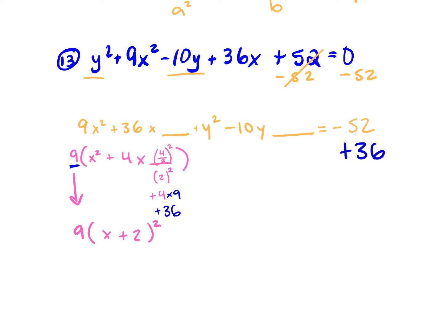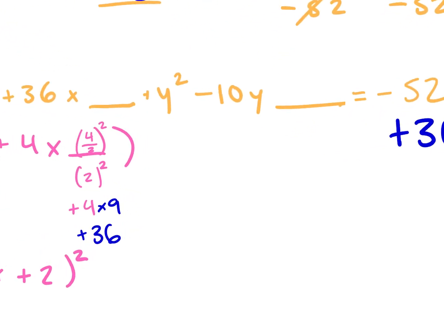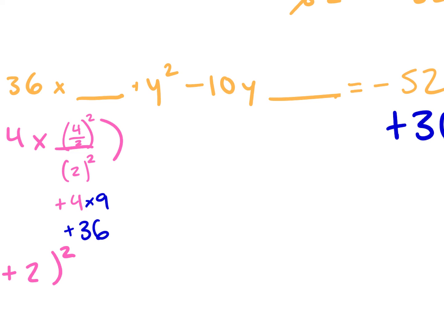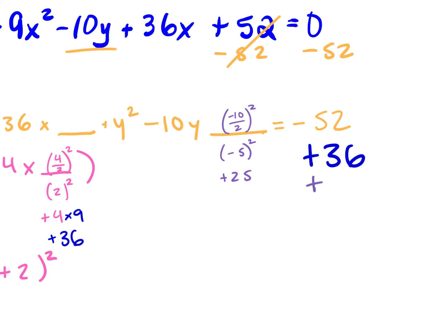So let's do the same thing with the y's. What is my b here? Negative 10. So negative 10 over 2 squared, that would be negative 5 squared. So I'm adding 25 here. If I add 25 to the right side, I've got to make sure I add it to the left side too. And then what's going to go in my parentheses squared?